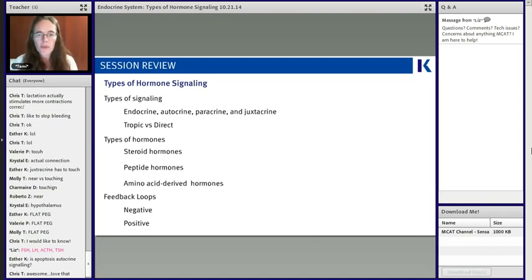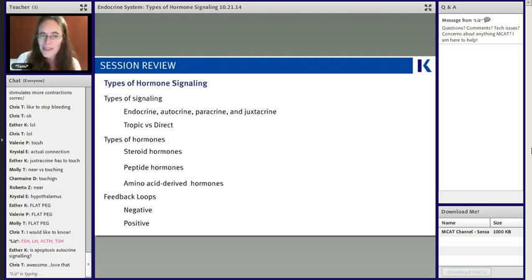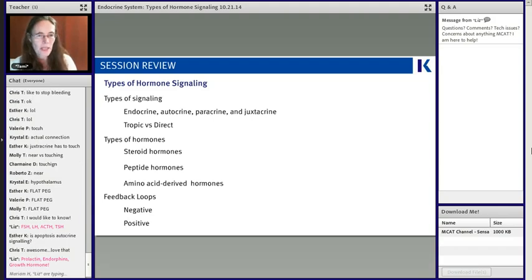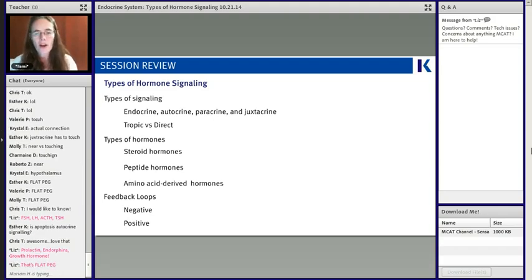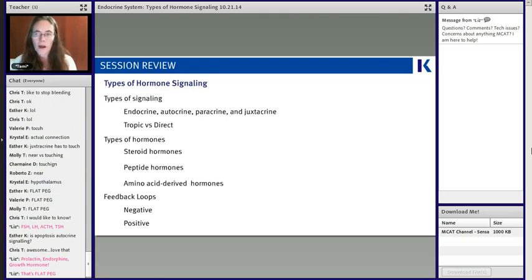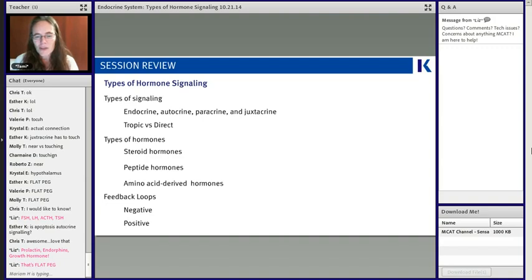We talked about three major types of hormones: steroid hormones, peptide hormones, and though less common, still important, amino acid derived hormones, which are one or two amino acids. We talked about our negative feedback loops and our positive feedback loops. All right. You guys did a great job today.